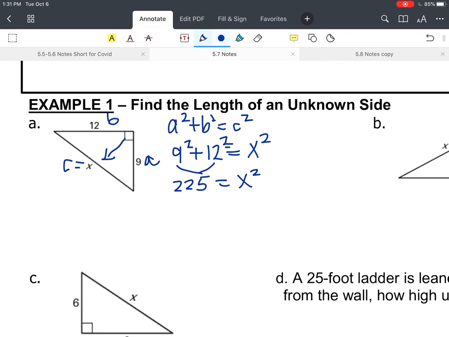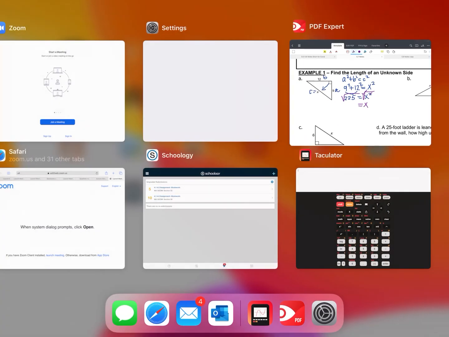You might remember from doing Pythagorean theorem in chapter 2 or the distance formula that to undo a square, because I don't want to know what x squared is, I want to know what x is, you have to square root. So you're going to take the square root of both sides.